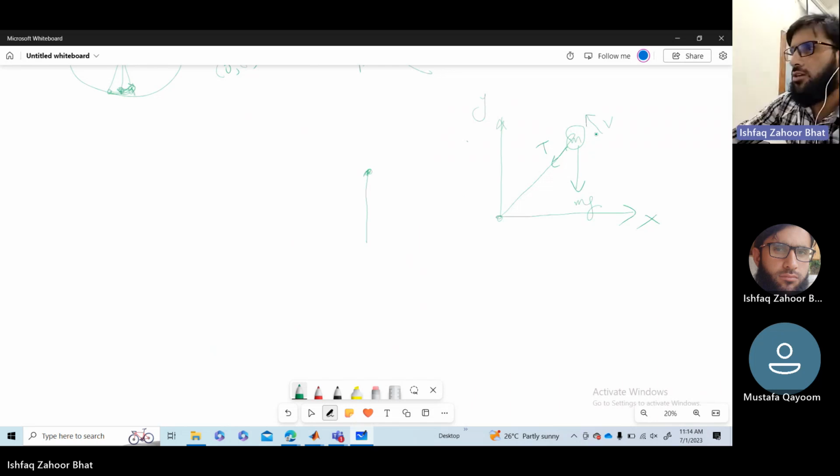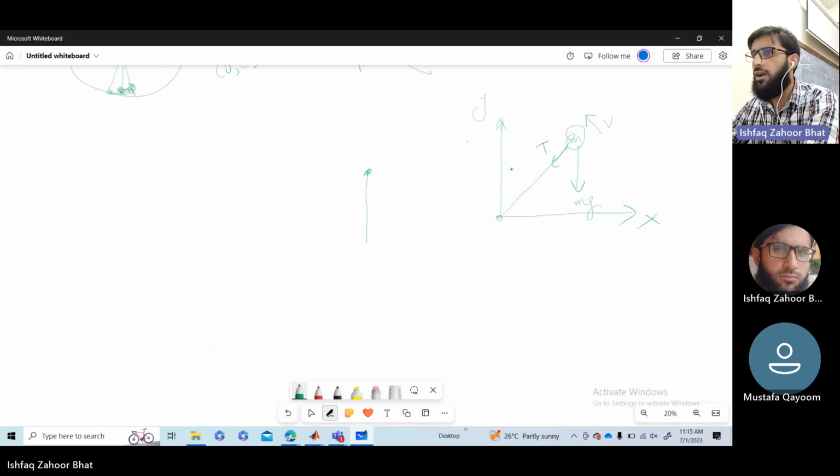Since it is moving in air, there will be a drag force, F drag, in this direction. Let's assume that drag is equal to c times the modulus of v.